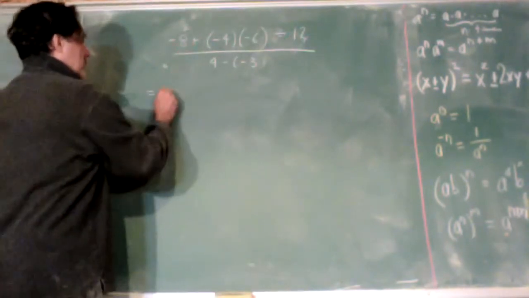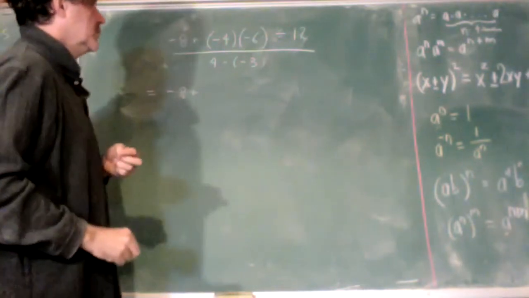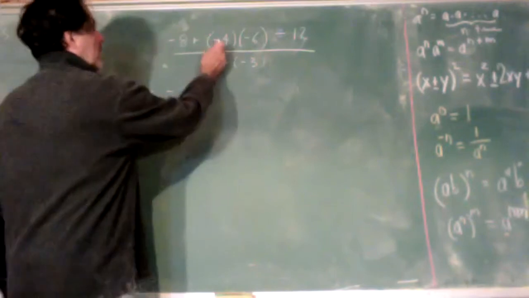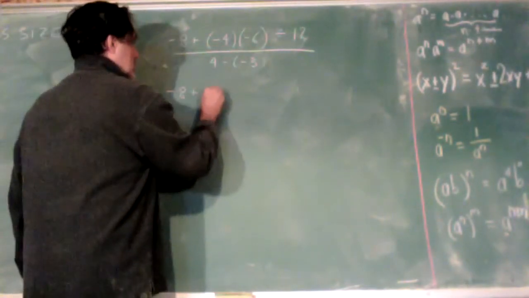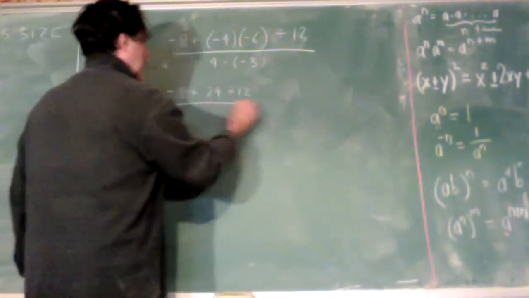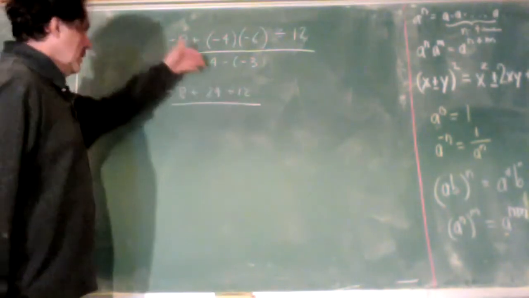As we have a plus, we're skipping for now, and we're going to complete the multiplication and division from left to right. We encounter the multiplication. -4 times -6 gives us 24. I'm going to leave the divide by 12 right now. We'll come back and do the division.